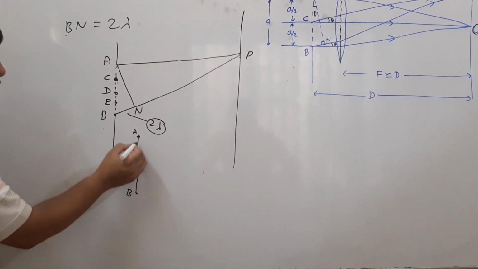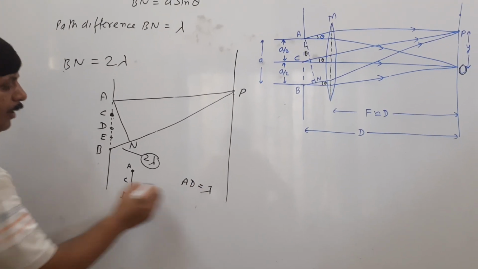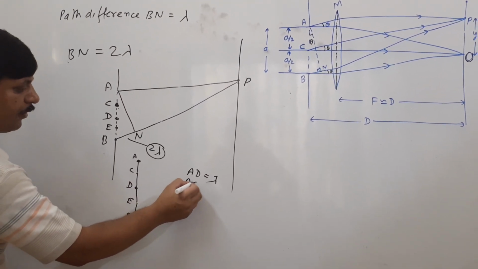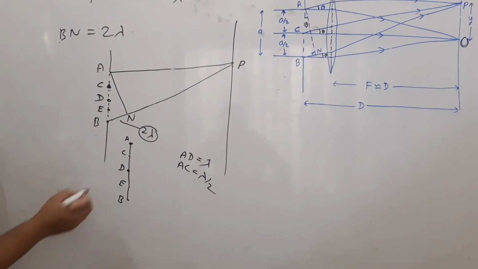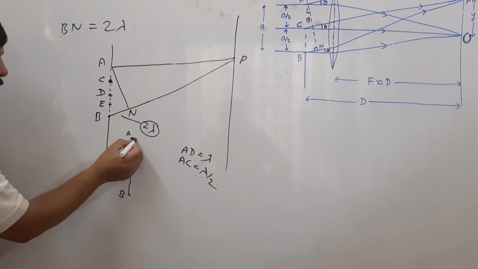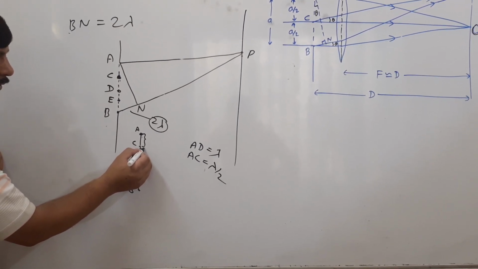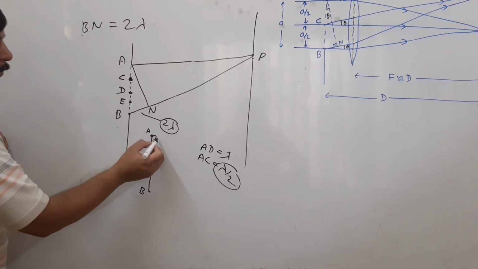So what will be the path difference between A and D? This will be lambda. Just half of that, the path difference between A and C will be lambda by 2. So if we take the corresponding part of AC and the corresponding part of CD, they have a path difference of lambda by 2.